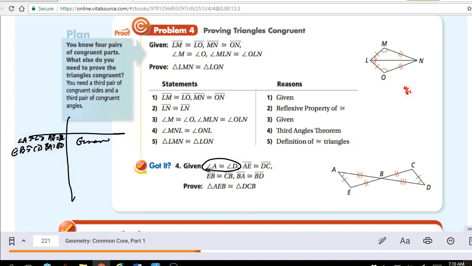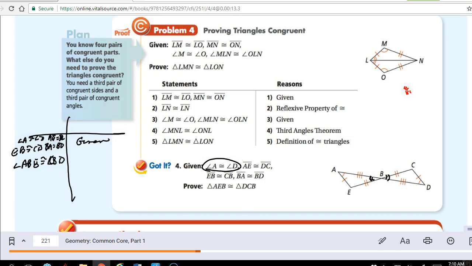The other one is that we know this angle right here, I'll do double tick marks there, is congruent to this angle right here. And the reason they are is because of vertical angles. So I could say that angle ABE, which is the left one, is congruent to angle CBD. Now you couldn't just say B because B belongs to two different triangles.